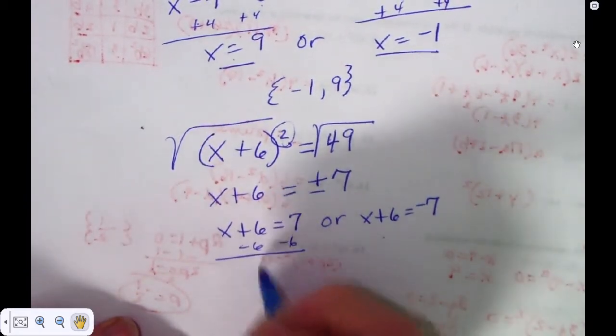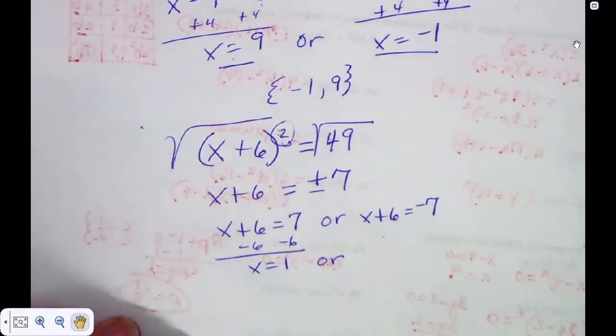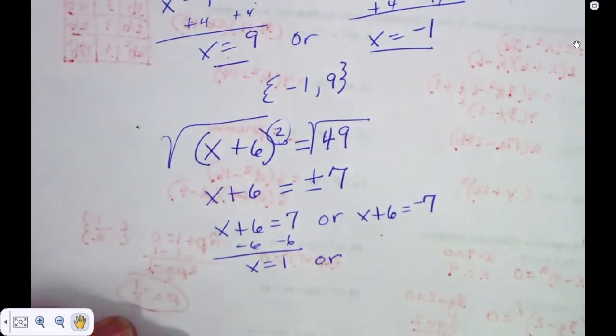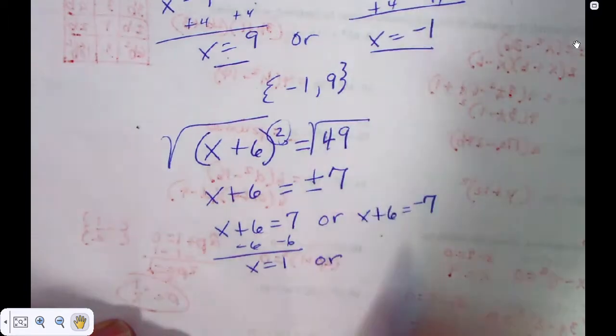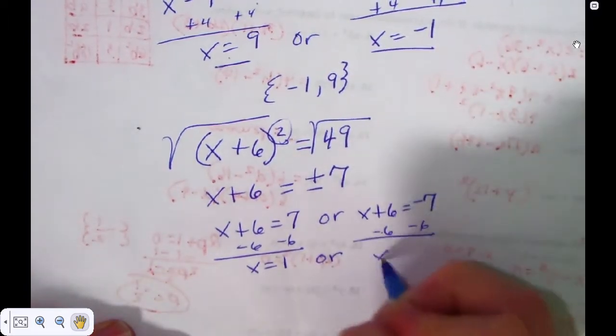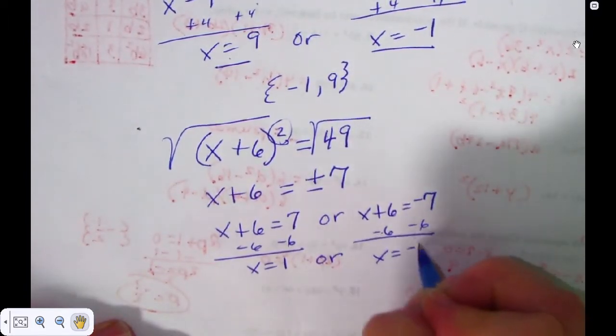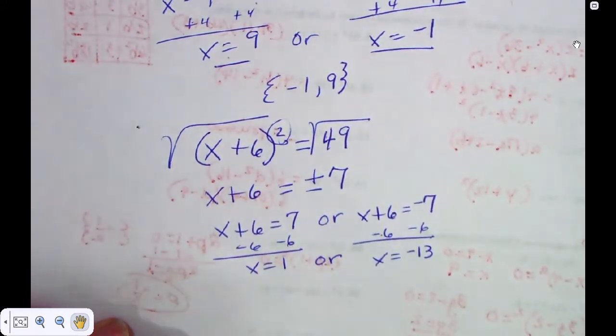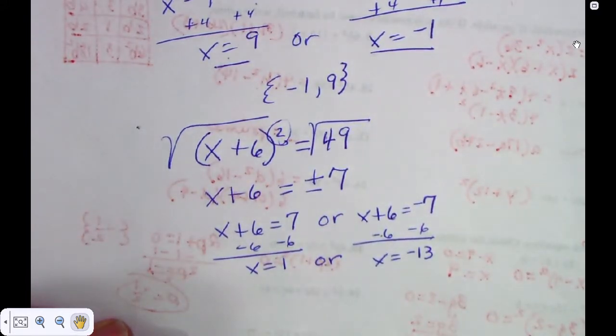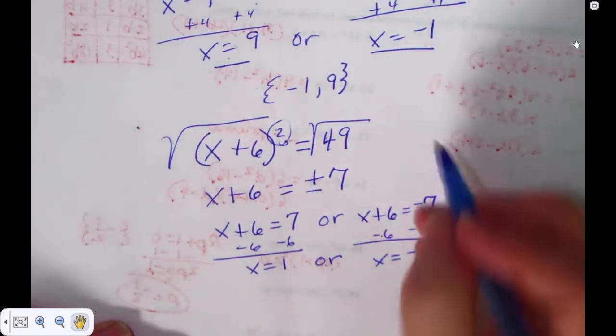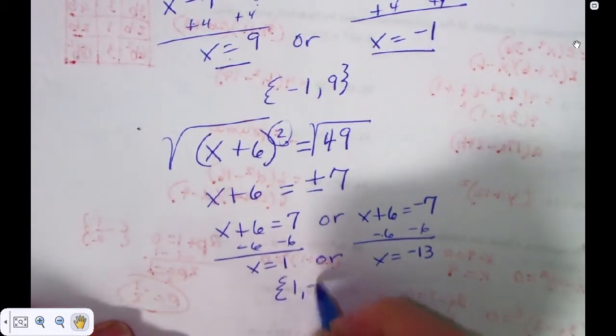Subtract 6, x equals 1. Or x equals negative 13. So you have two solutions. 1, negative 13.